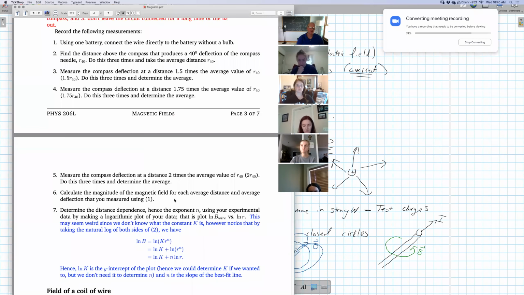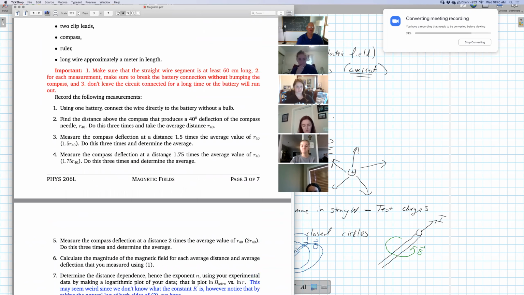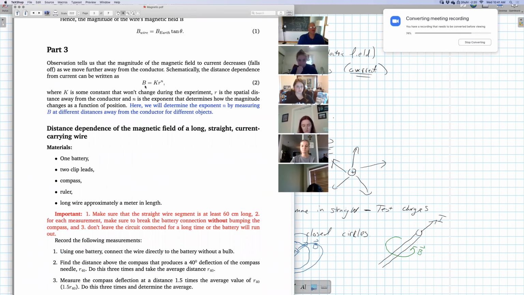What you're trying to establish here is what n is. We're going to write the magnetic field as some constant k, we don't care what the constant is, times the distance raised to some nth power. So you might have k times r to the 2nd power, so it could be kr squared. What you're trying to do in part 3 is determine exactly what this value of n is.